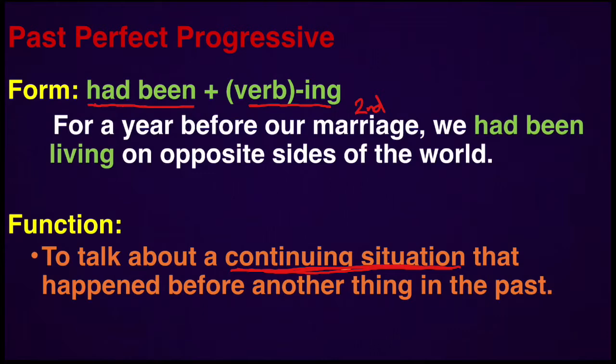We had been living on opposite sides of the world. That was the first thing that happened. So this one happened first in the past, and it was a continuing situation. The marriage happened second, and that was a short action because that's 1 day, right? So we can use it for something that was a continuing situation, but it happened before something else in the past.